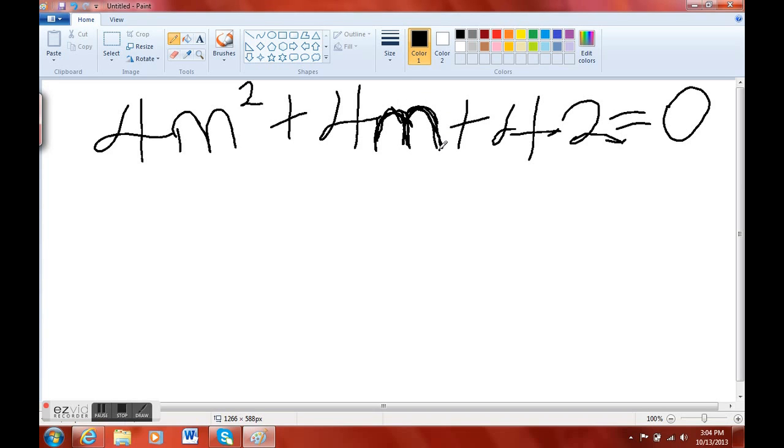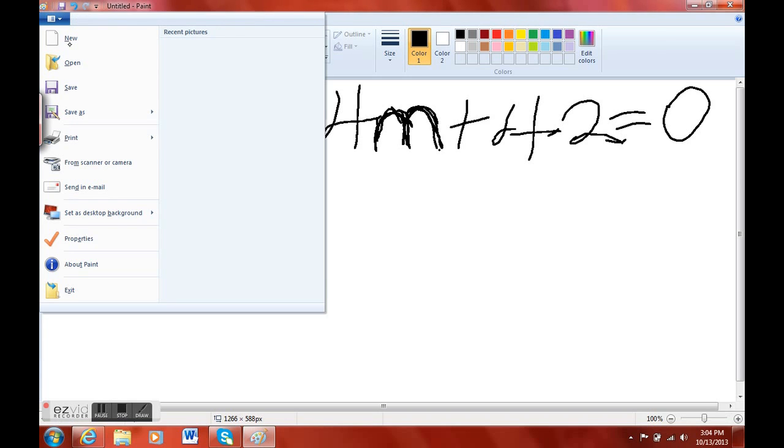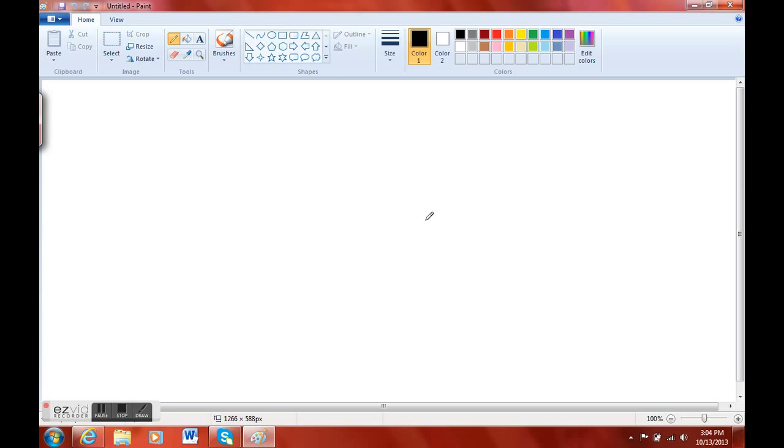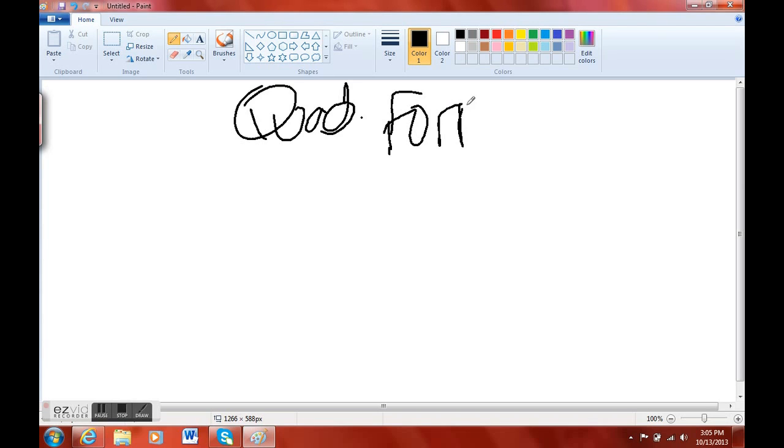So next, the final way to do a problem. Oh yeah, by the way, completing the square, that one always works. And this one always works too. Quadratic formula. Okay, so quadratic formula. This one always works too.